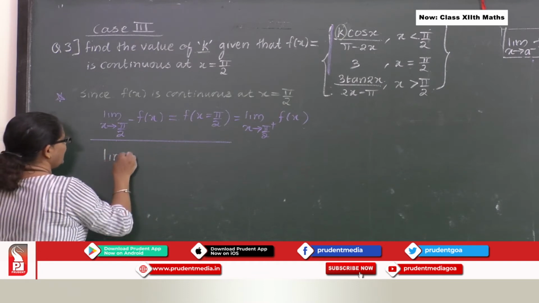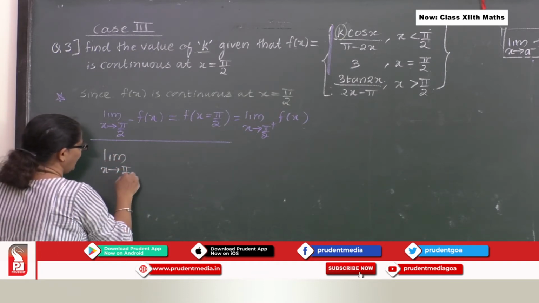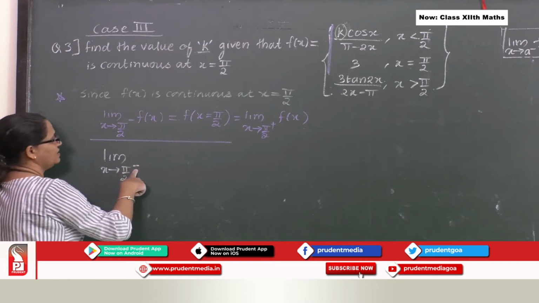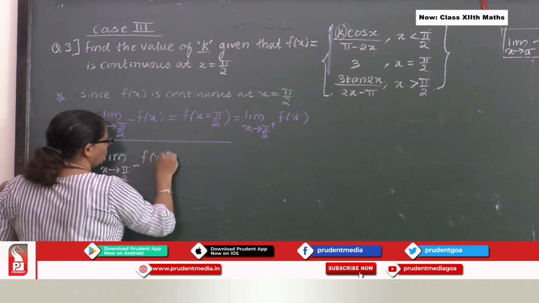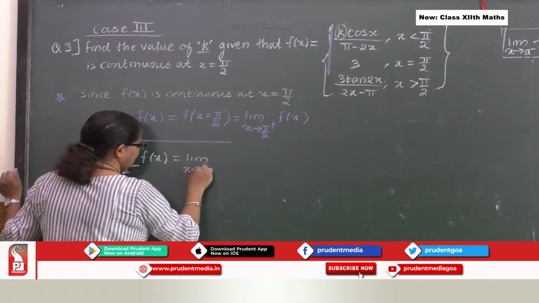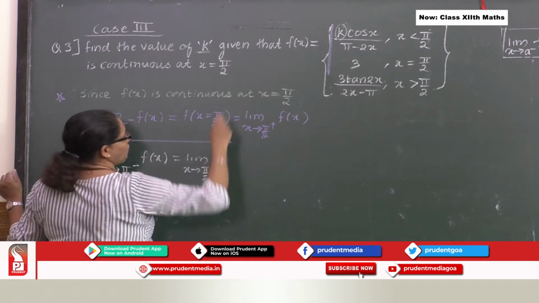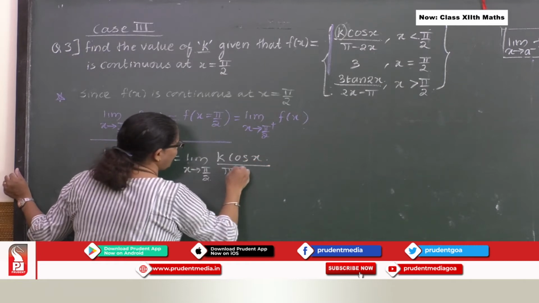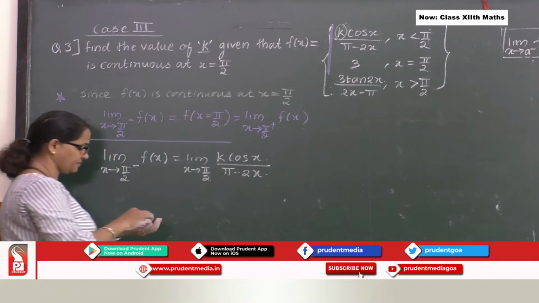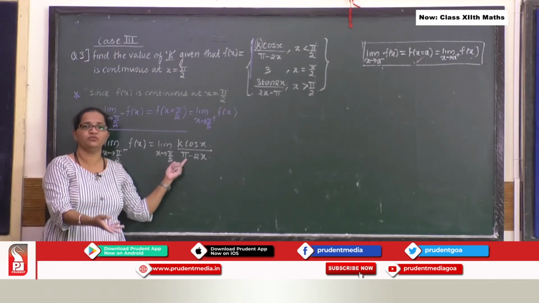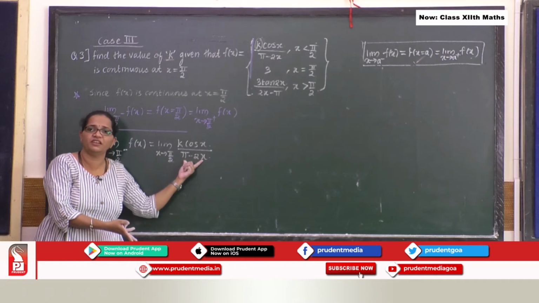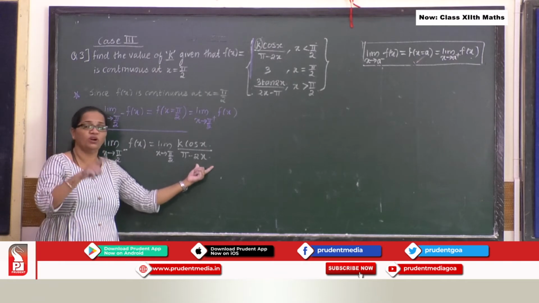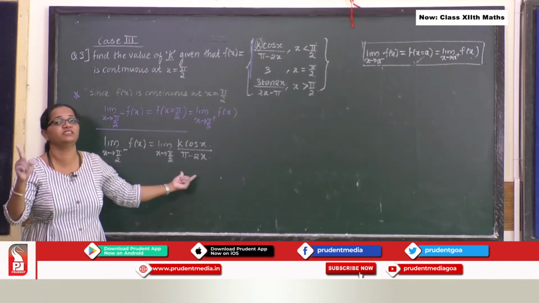Let's proceed. We say limit x tends to pi by 2 minus. This minus sign has no effect here. Just remember that. So here limit x tends to pi by 2 of k times cos x upon pi minus 2x. Now with observation you can say the given function is a trigonometric function. You are finding the limit of a trigonometric function, so I will be using the substitution method.